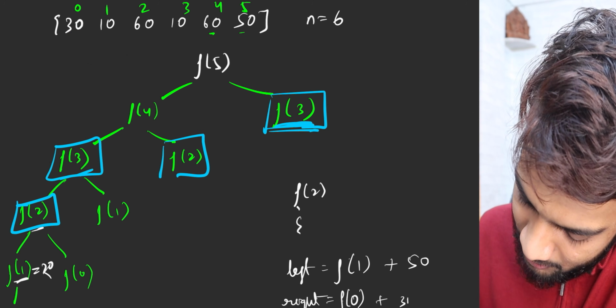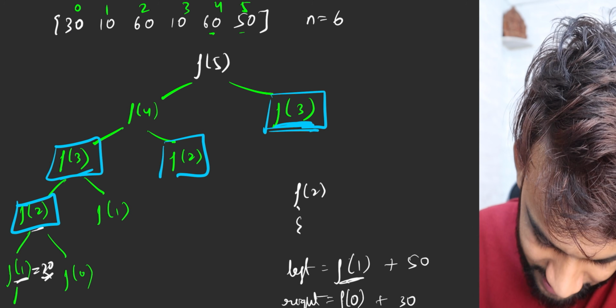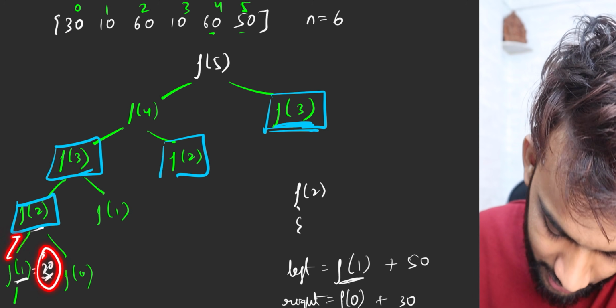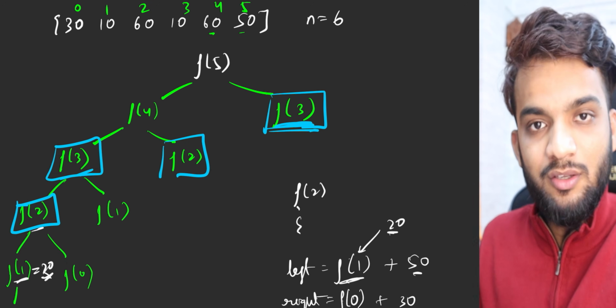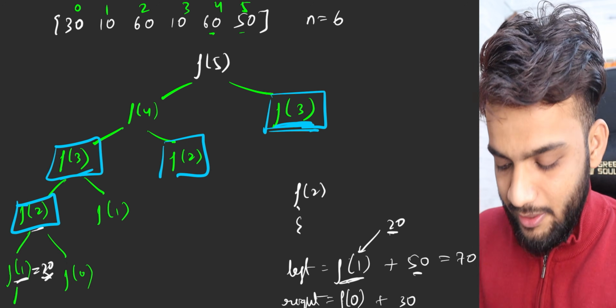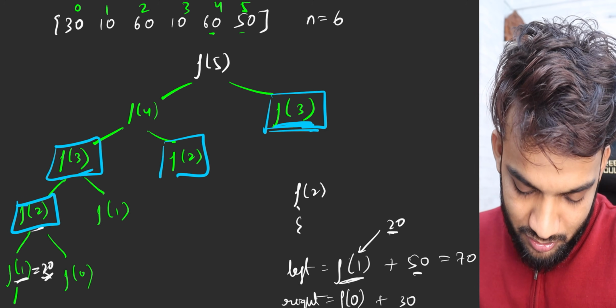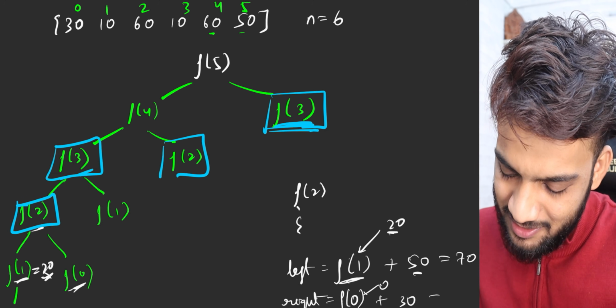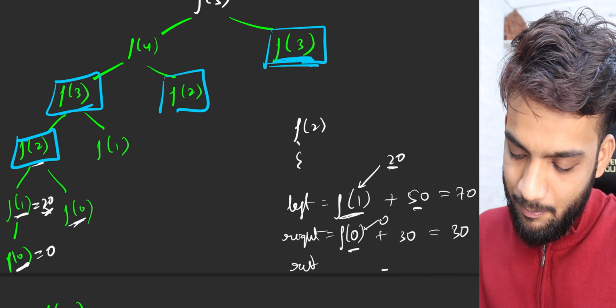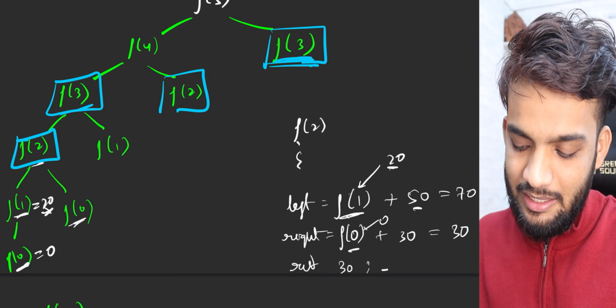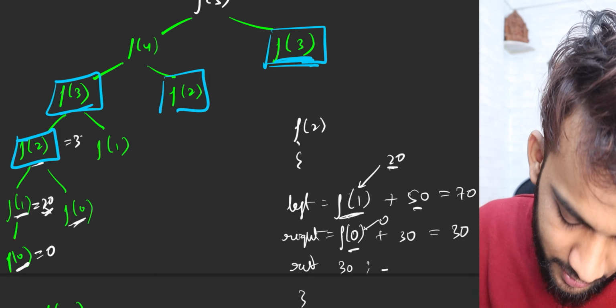Now you remember f of 1 had a value of 20, so 20 plus 50 will give him 70. F of 0 will be 0, so 0 plus 30 gives him 30. Which one will f of 2 give? The minimum. So it will return 30.